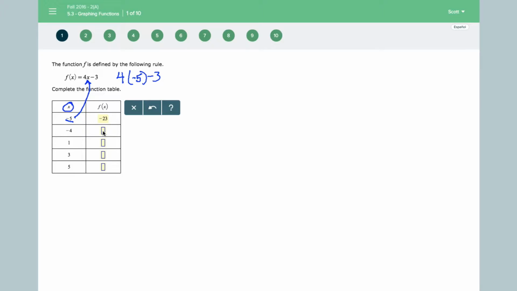Okay, and we do the same thing with -4. Put that in there. 4 times -4 is -16. -16 minus 3 is -19.